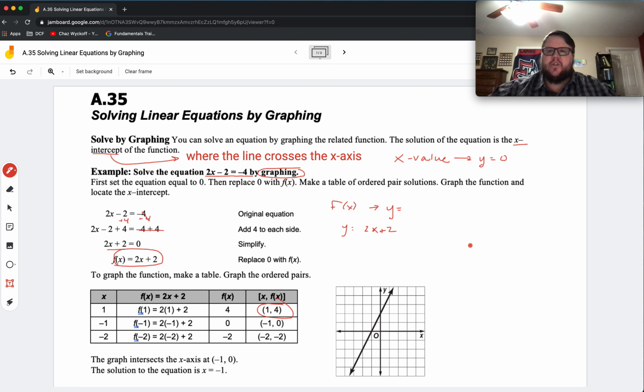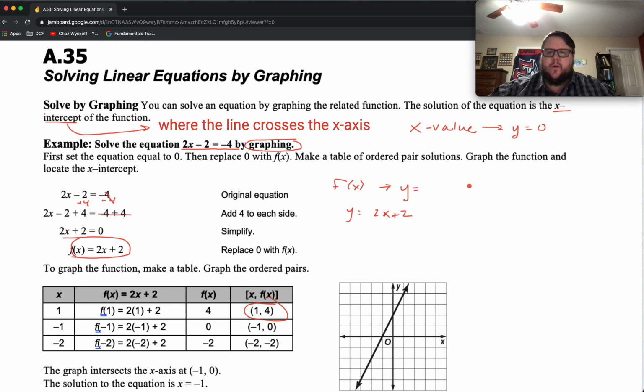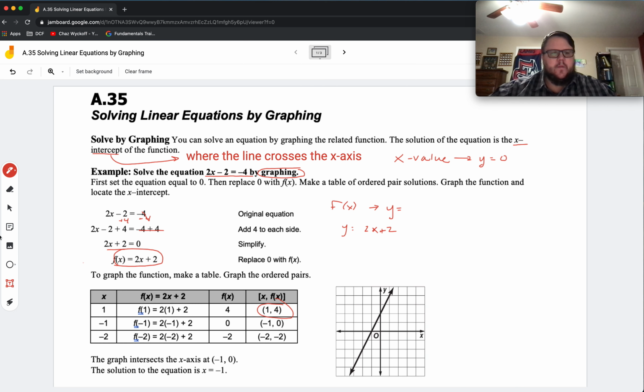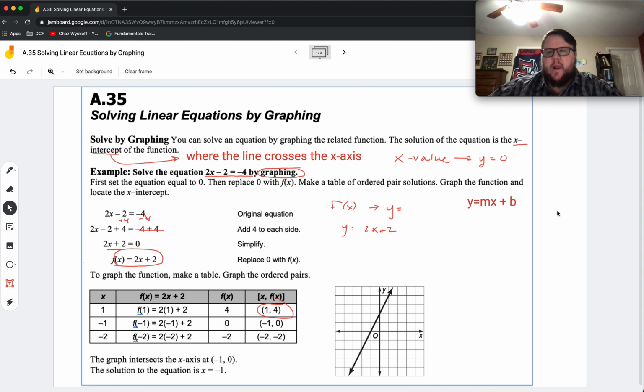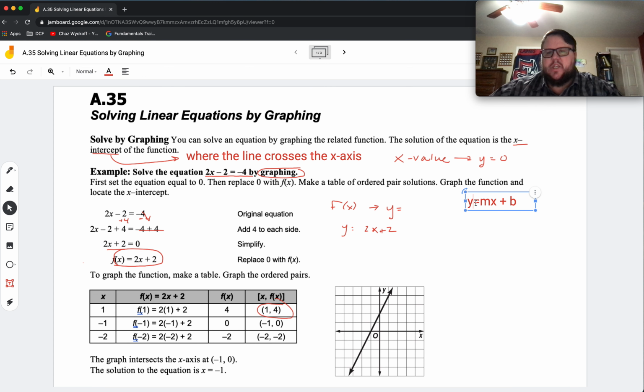What I want to teach you is, I want to remind you of slope-intercept form real quick. So slope-intercept form says this: y equals mx plus b. But I'm also going to change this from y to f of x.